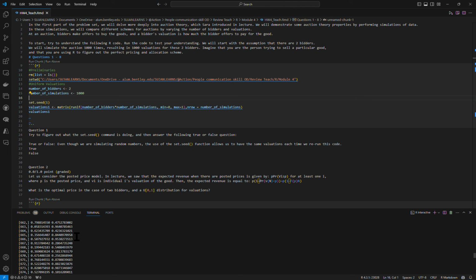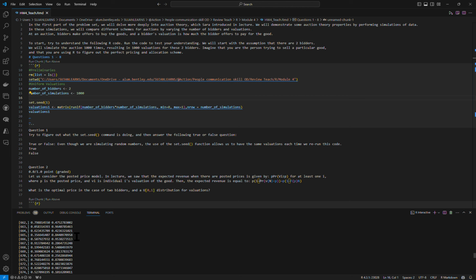Now after doing the simulation above, it is asking: even though we are simulating random numbers, the use of the set seed function allows us to have the same values each time we run this code. Is it true or false? What do you think?